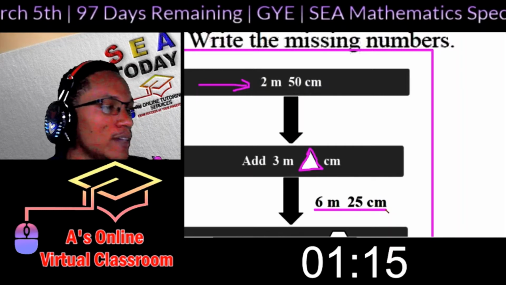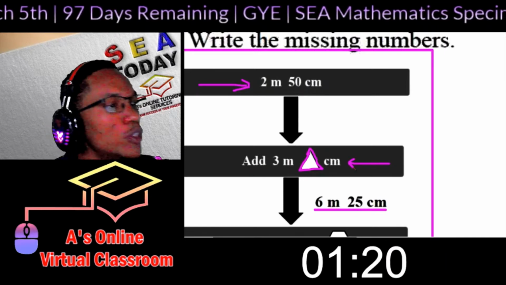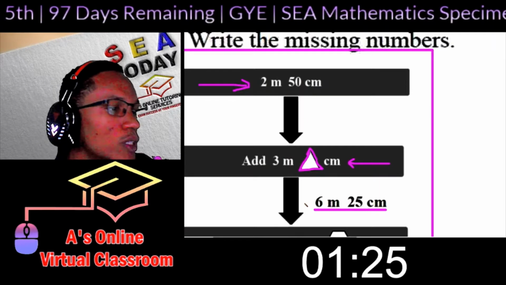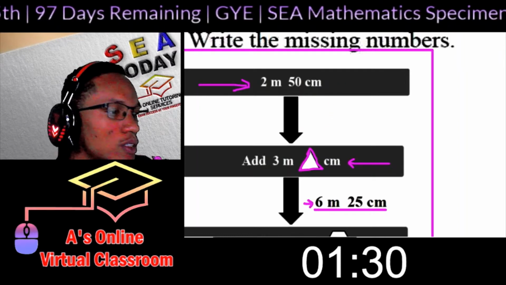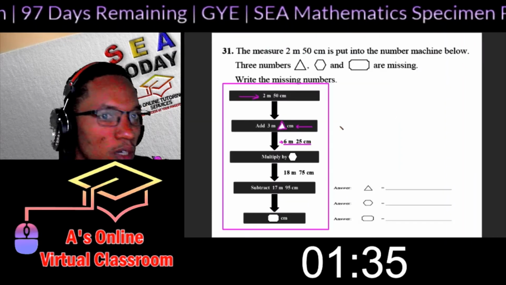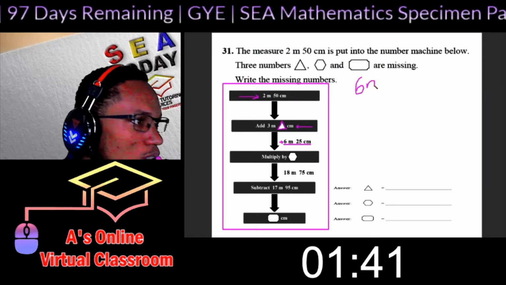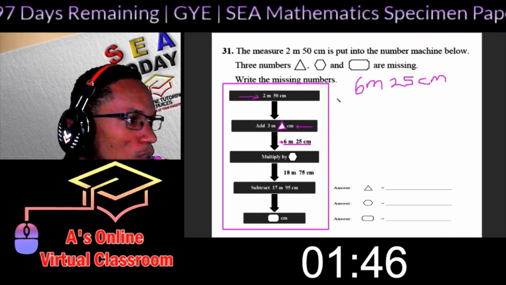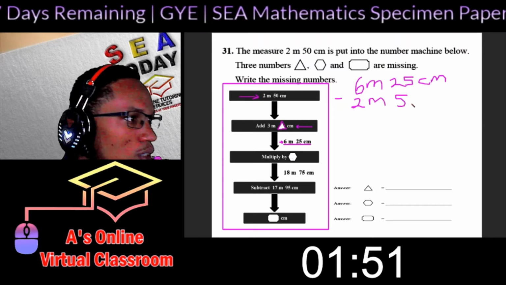Well, to get what this number is supposed to represent, what we're supposed to do is find the difference between the 6 meters 25 centimeters and the 2 meters and 50 centimeters. So we have the 6 meters 25 centimeters subtract 2 meters 50 centimeters.